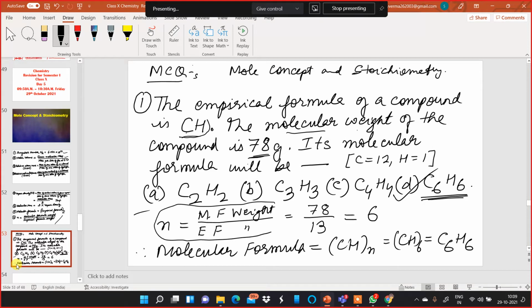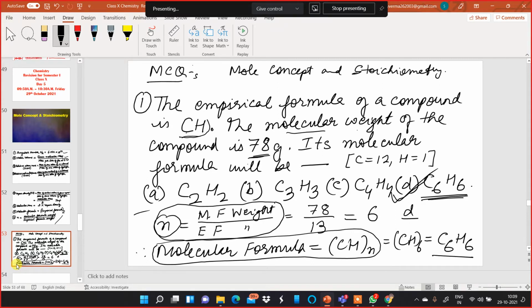You'll have to apply this formula in your mind and get the value of n. And again, apply this formula in your mind and put the value of n in this second formula and get the molecular formula. And then tick the correct option or write the correct option. Are you getting it? I am not telling a lie. If I am telling a lie, you tell me. Okay, I will clarify your doubts. That was number one.